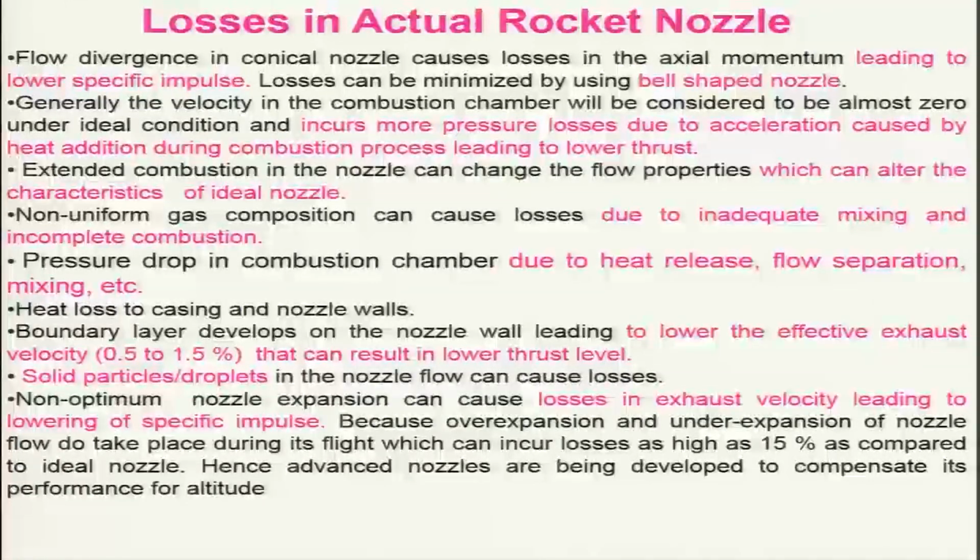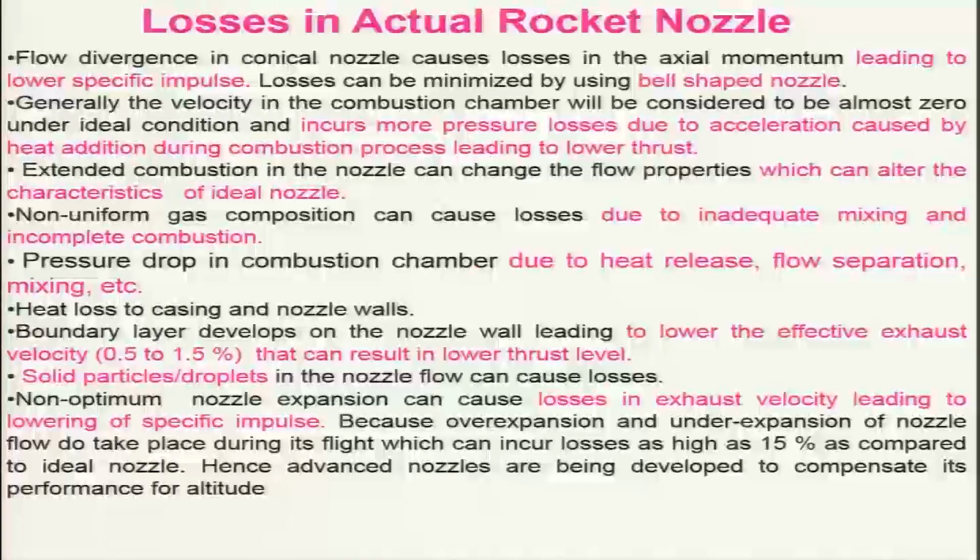Always we assume optimum nozzle expansion, but in a real situation, as the rocket moves through the altitudes of the atmosphere, naturally there will be non-optimum nozzle expansion, and that can cause losses in exhaust velocity, leading to a lowering of specific impulse.